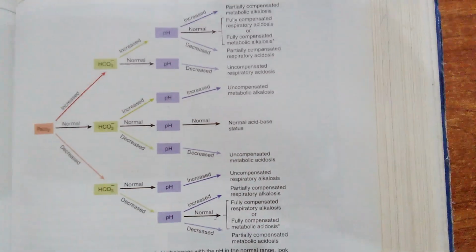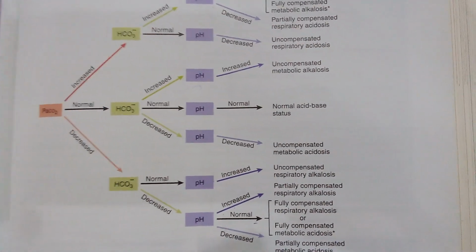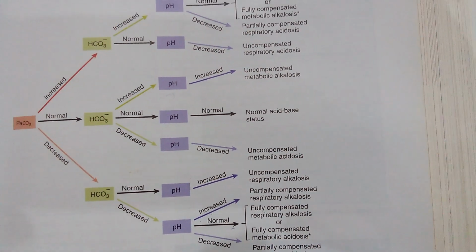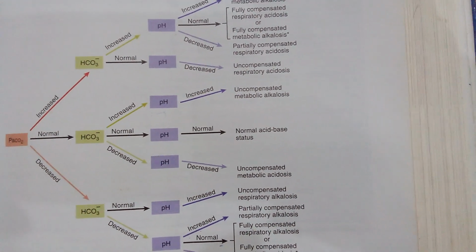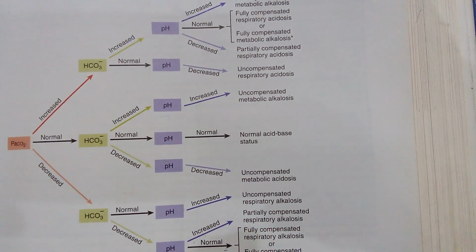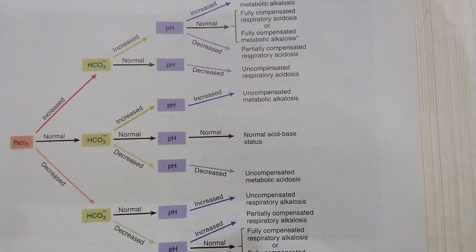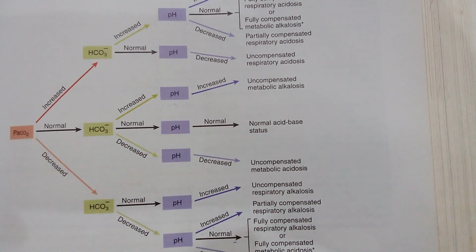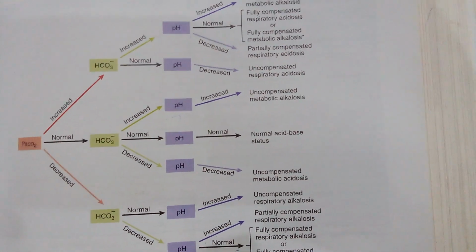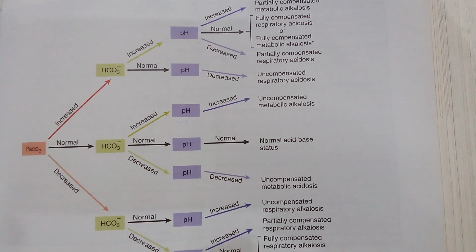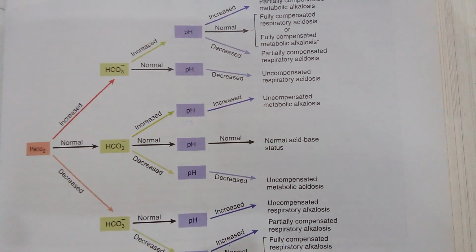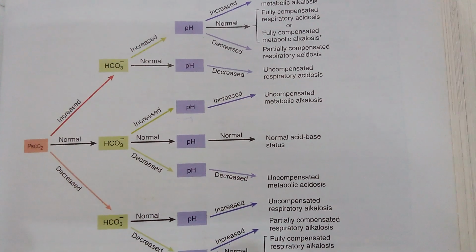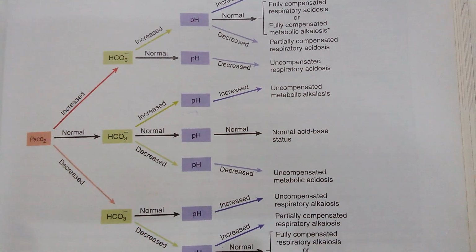So first of all, concentrate on partial pressure of arterial carbon dioxide. There are three possibilities in partial pressure of carbon dioxide. Either it is increased, normal, or decreased. Students, when carbon dioxide partial pressure is increased, then we have to look at bicarbonate ions, HCO3 negative ions.